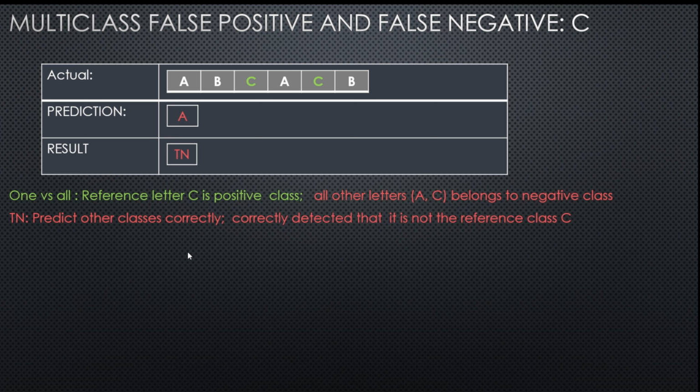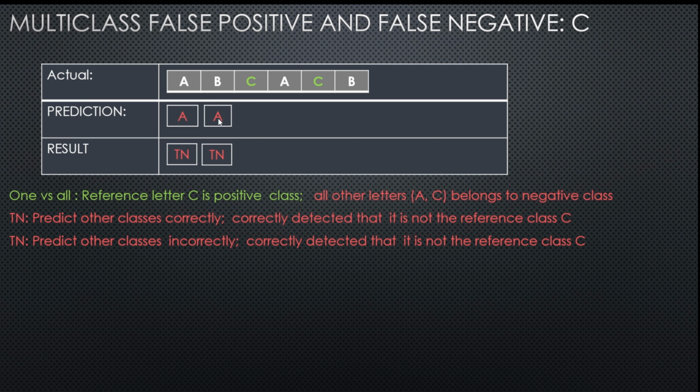Easy to understand. What is important here is to identify this. What in your opinion is going to be this prediction? Should we label it a true negative or a false negative? Well, this is a true negative because you are predicting a negative class.